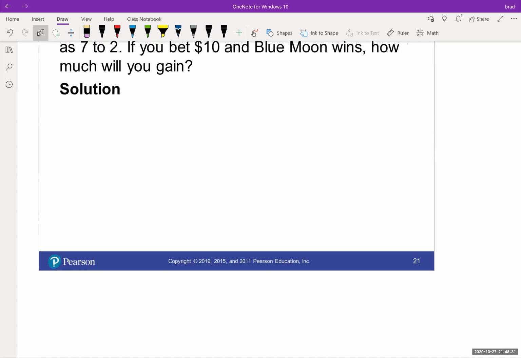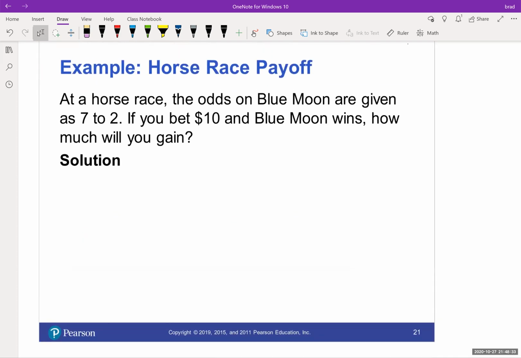Okay, one more page. Let's take a look at this. At a horse race, the odds on Blue Moon are given as 7-2. If you bet $10 and Blue Moon wins, how much will you gain? That basically means you get 7 for every $2 that you bet.